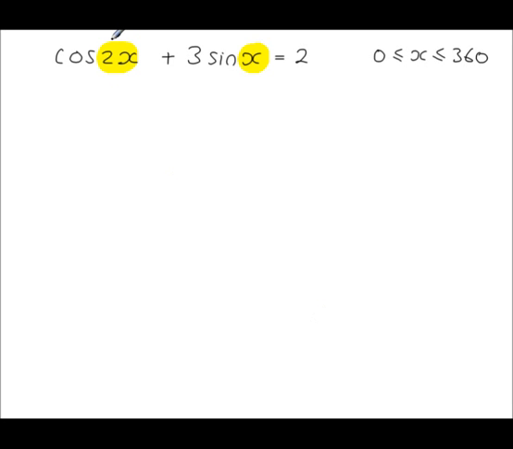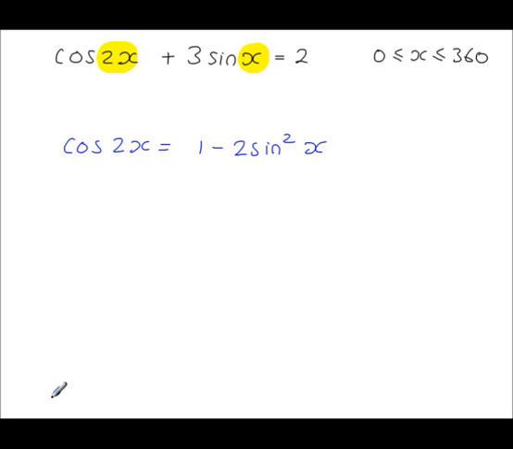So which identity links cos 2x to sin x? So cos 2x is equal to 1 minus 2 sine squared x. So we're going to substitute all of this into here.